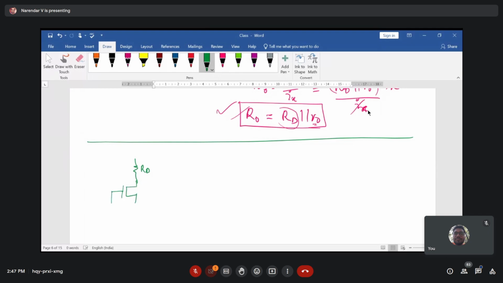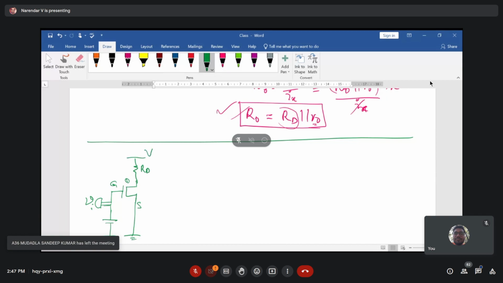Now here we have a microphone which gives our signal, or else you can consider a small signal Vi. So this is your Vi, and the biasing voltage that you apply here is connected to ground, and similarly the source is connected to ground: source, gate, drain. This is the VDD, and this is your Vout.